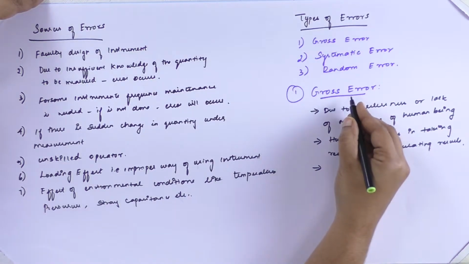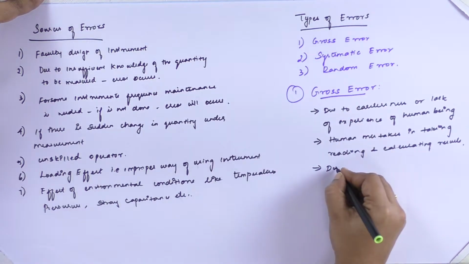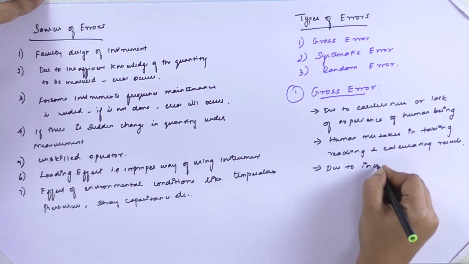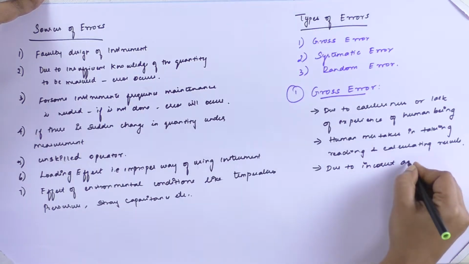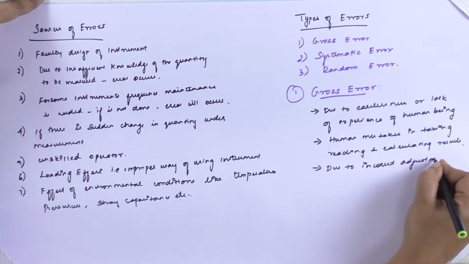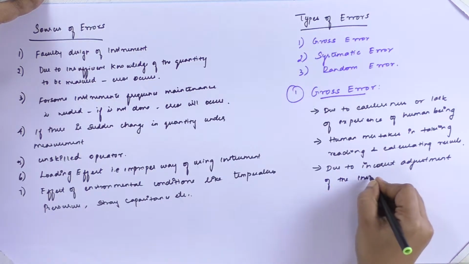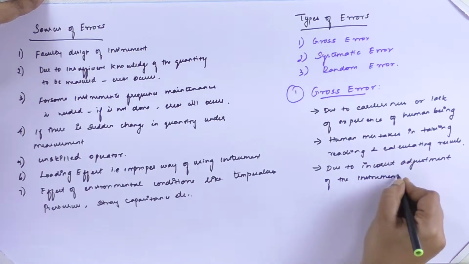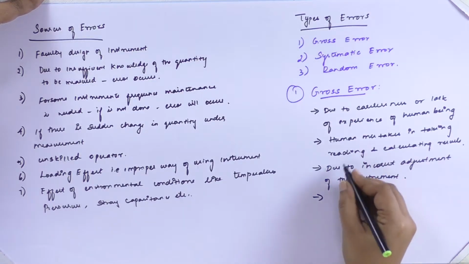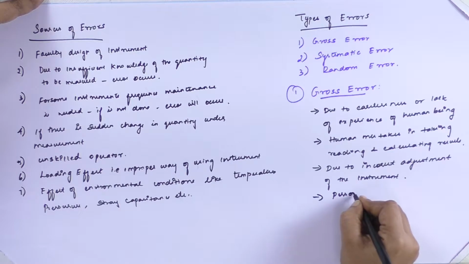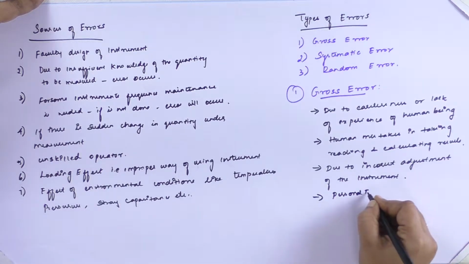And this gross error also occurs due to incorrect adjustments of the instrument. Due to incorrect adjustment of the instrument also the gross error occurs. So, generally this gross error is called as personal errors.